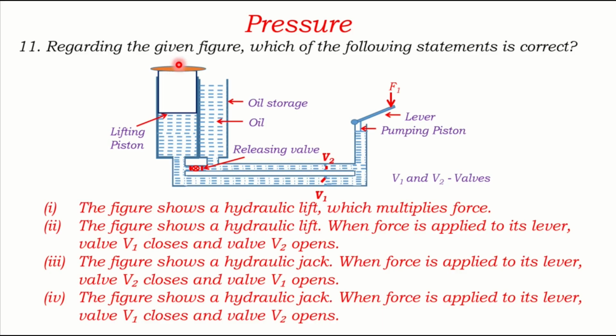Our target is to lift this part which is set with the vehicle near to its wheel, to change the wheel, because we have to lift that part of the vehicle. So V1 opens and V2 remains closed. Third option is the correct option.